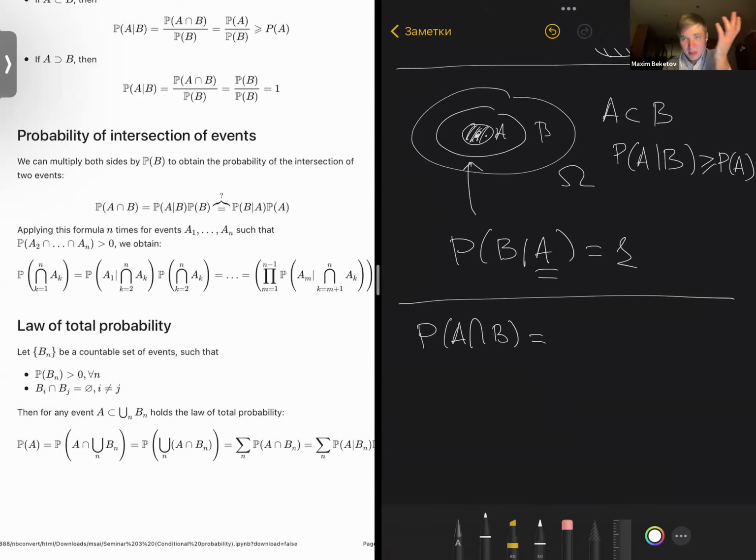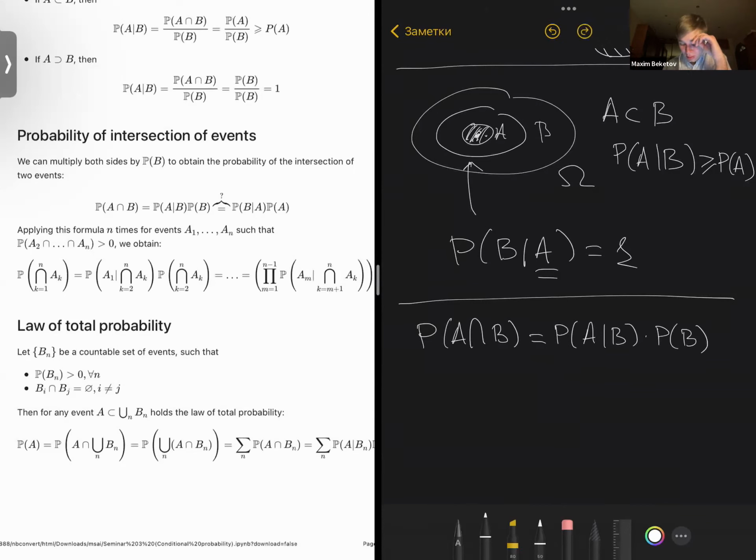Sometimes this is called the product rule of probability. So we have P of A given B times P of B. This is an even better formula to memorize than starting with the conditional probability.